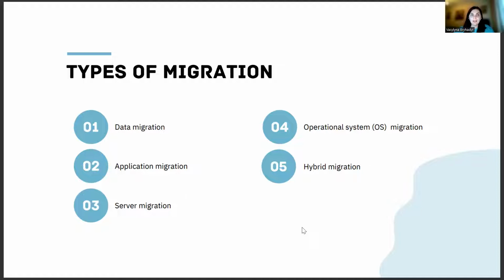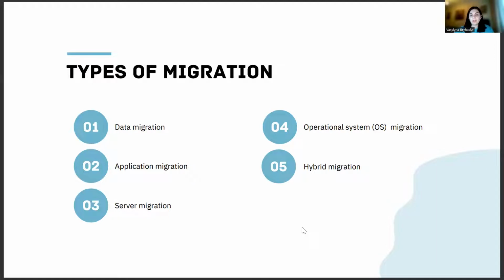The next one, and it's said to be one of the most difficult migration types on the market right now, is operating system or OS migration. That is when we migrate our application from one operating system to another one. For example, we can do that from Windows to Linux or Mac or vice versa.